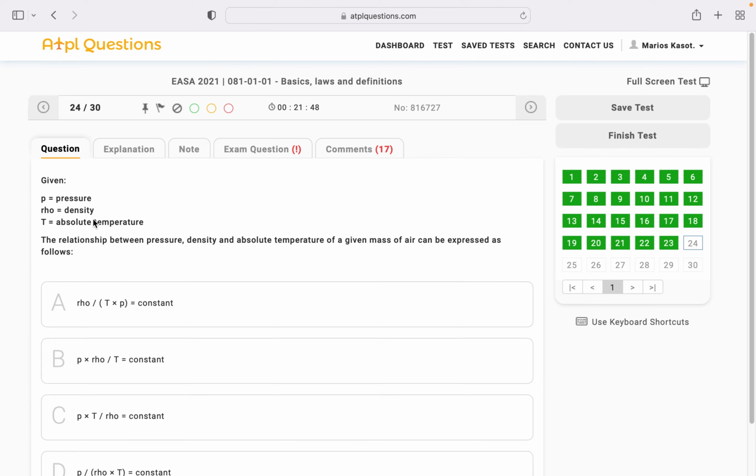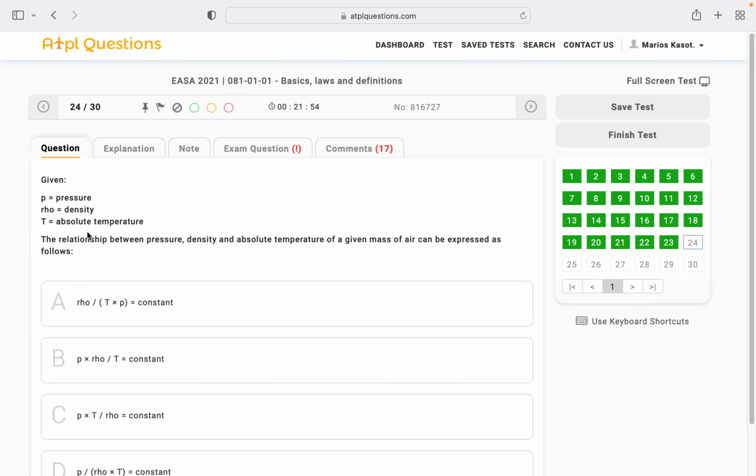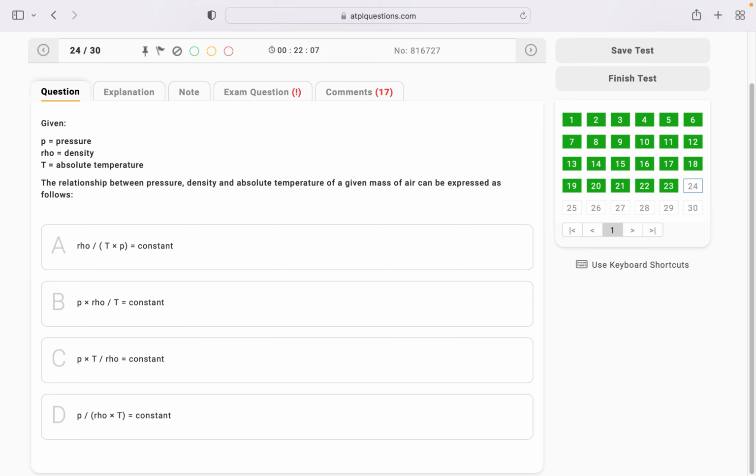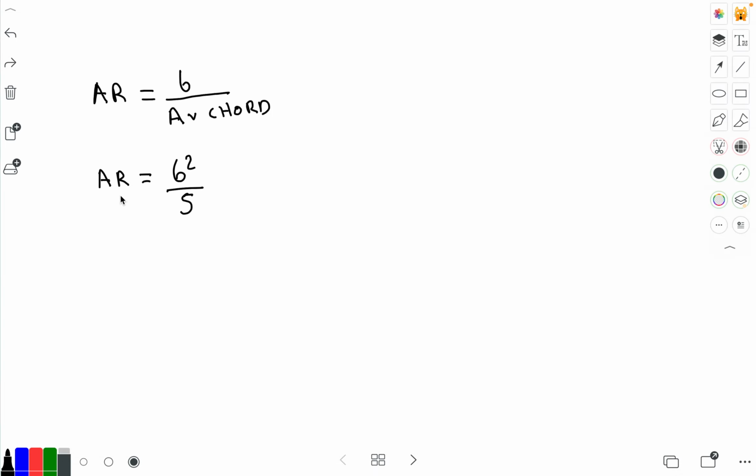Given P pressure, rho density, T equals absolute temperature, the relation between pressure, density, and absolute temperature of a given mass of air can be expressed as, okay. Let's remind the formula of the ideal gas, which is something I'm pretty sure you remember from high school.